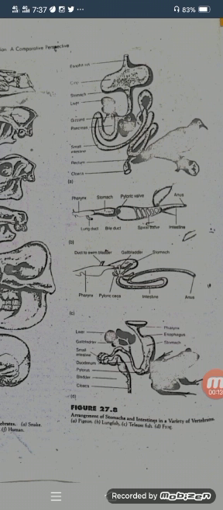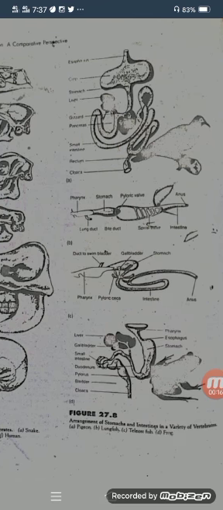Here you can see it is starting from the esophagus, then it leads to the crop, then further the stomach, then the liver is shown here, then the gizzard, then the pancreas, then the small intestine, and then the rectum, and then the cloaca is shown in the case of the pigeon.